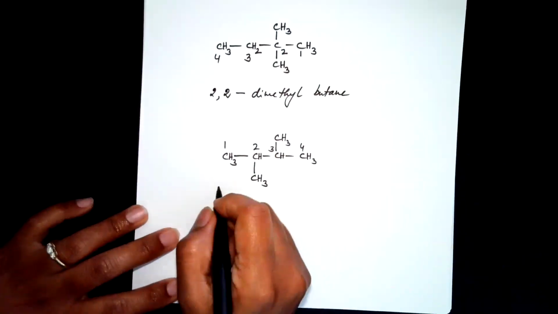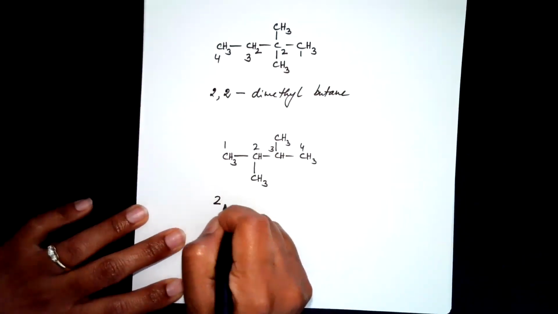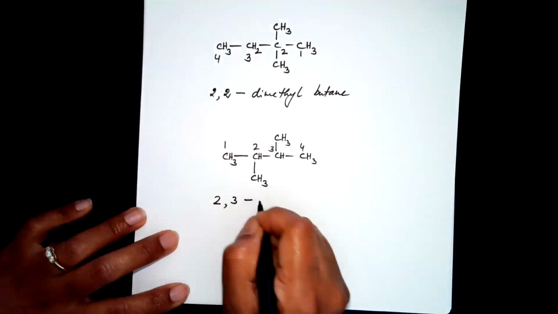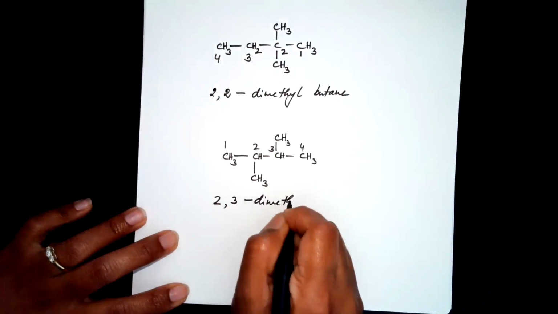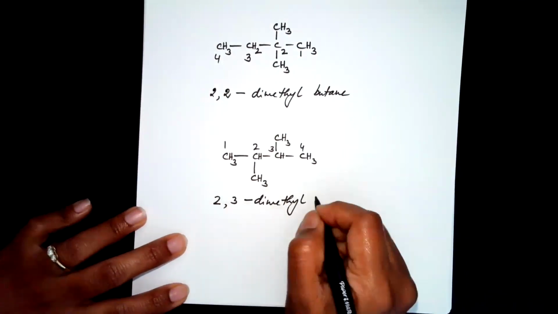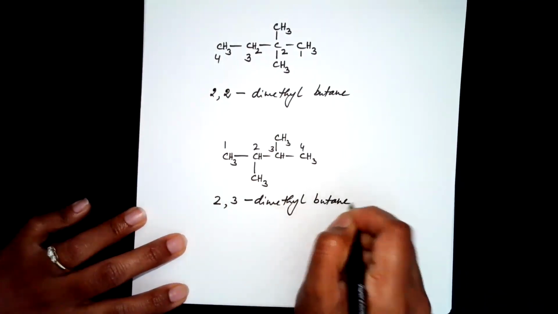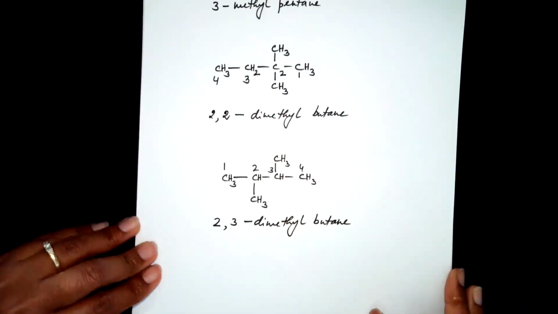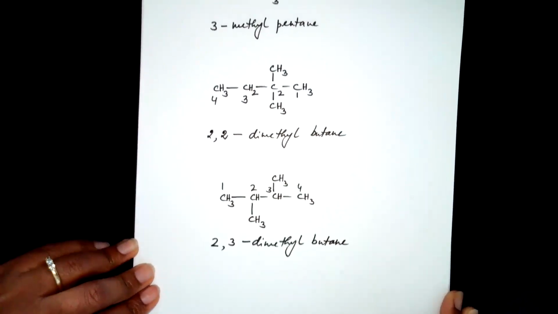So this molecule would be called 2,3-dimethylbutane, because those are my substituent positions. So these are the constitutional isomers of hexane.